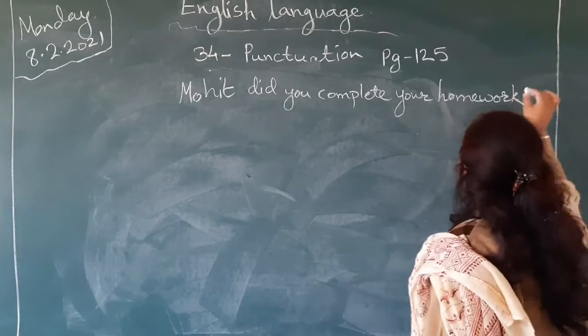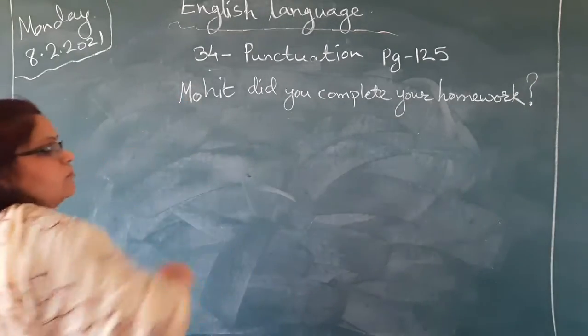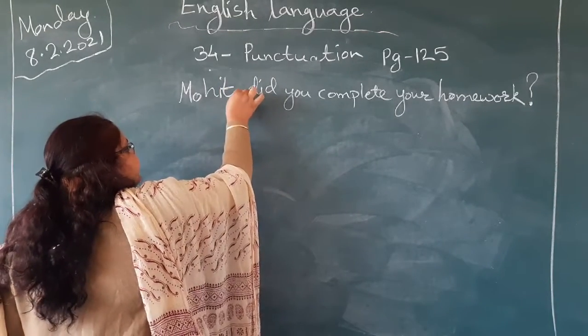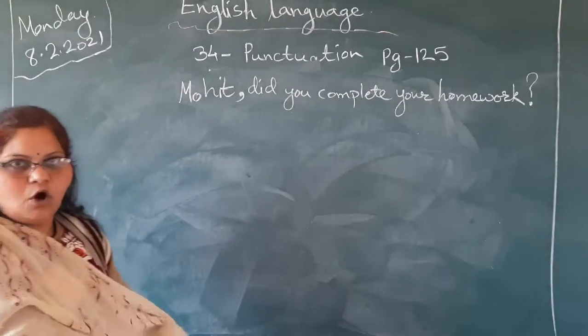You can identify this is a question mark. You are asking a question to whom? To Mohit. So after saying Mohit, you have to take a little pause. So then we have to put a comma here.